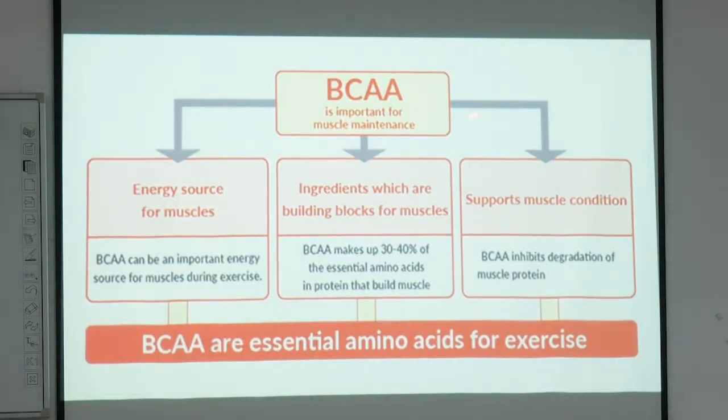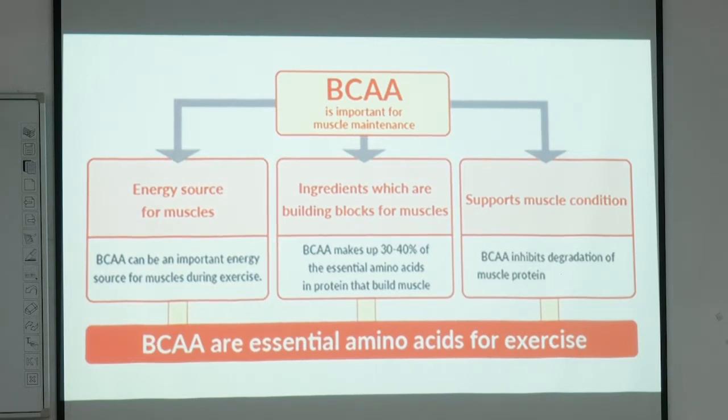Now these are the branch chain amino acids. One important function is as an energy source. Another is that they are the building blocks of muscles. Even when the muscle is not working, these branch chain amino acids prevent the degradation of the muscles.